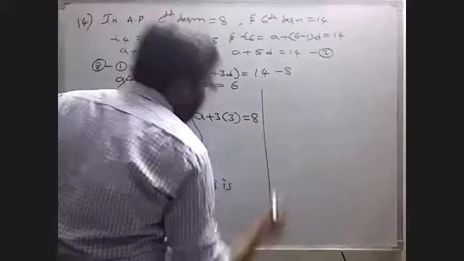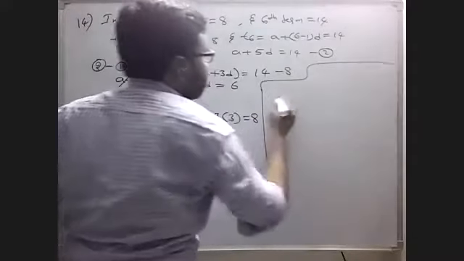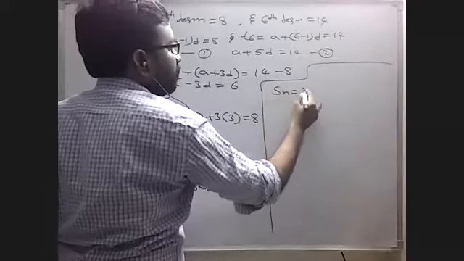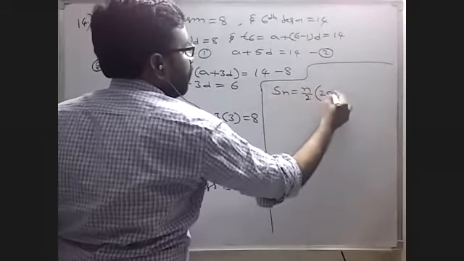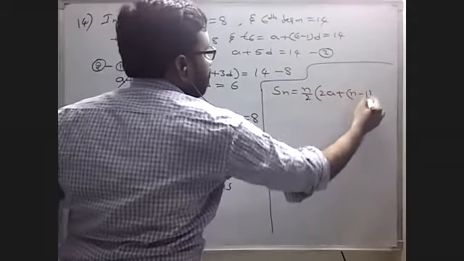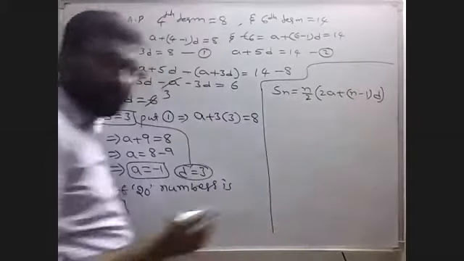Now the formula for the sum: Sn is equal to n by 2 into (2a plus (n minus 1) into D). This is the formula.